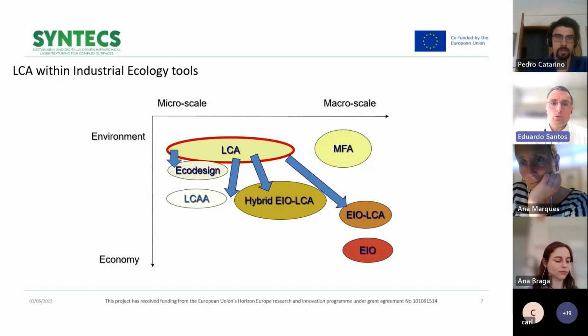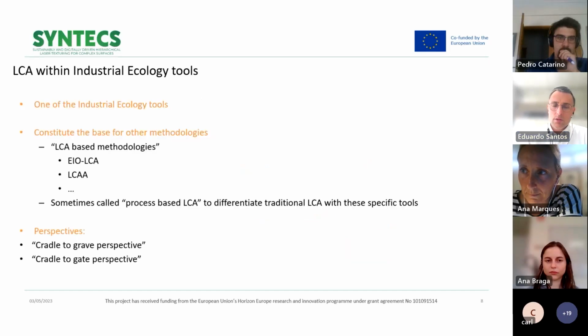So it's used basically for environmental impact assessments, so mostly for the environmental aspects, not so much for economic aspects, but it can be used as well together with other methodologies to develop analysis for economy and economy together with environment. So it's a pretty fundamental tool for the industrial ecology science that can be used for many other tools.